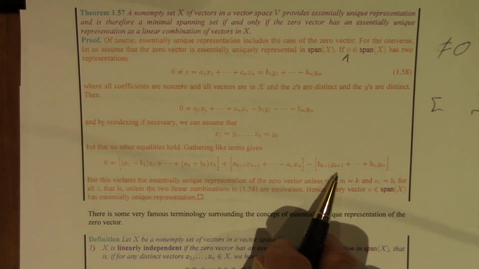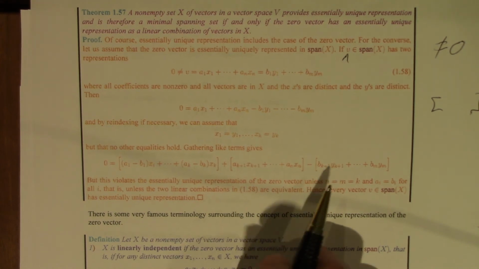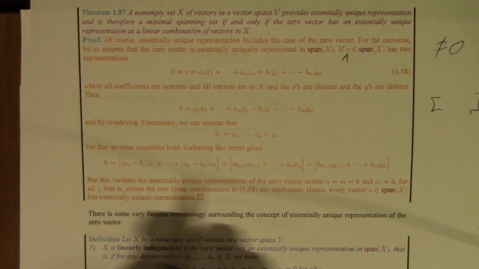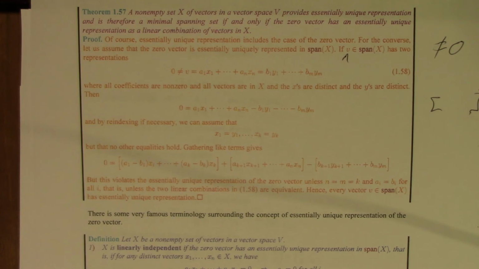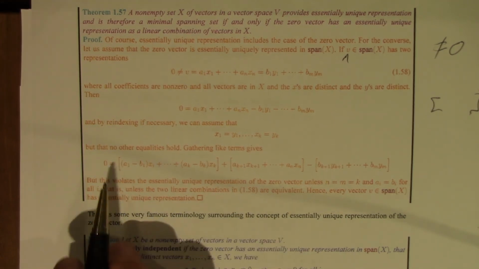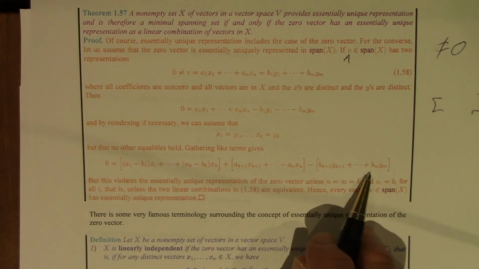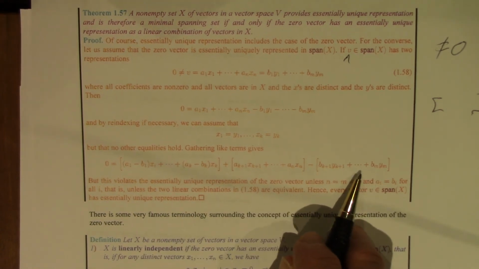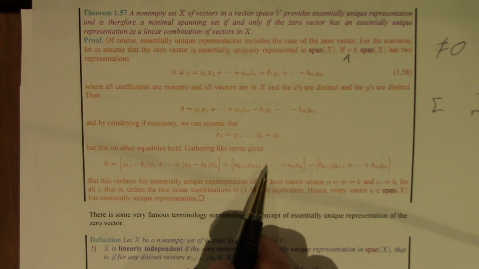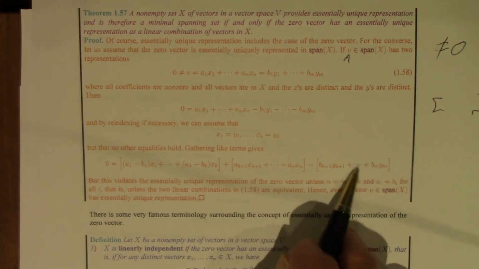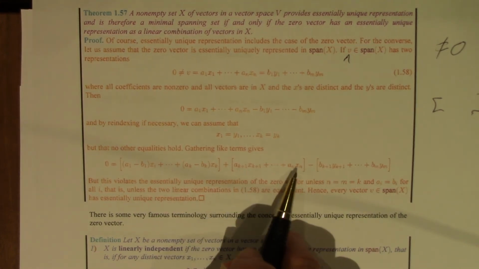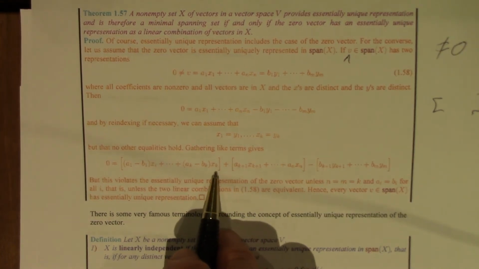But we can stop here, or we couldn't stop before, because now we have 0 as two different representations, 0 itself and this mess here, unless there are none of these and none of these, which means n is equal to k and m is equal to k.